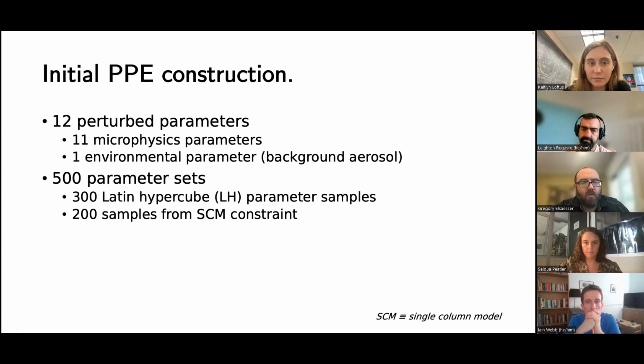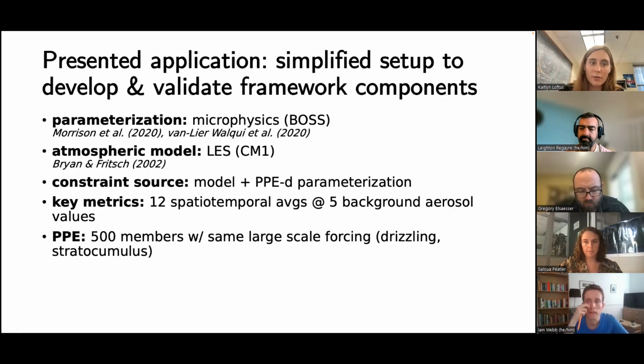Okay, good. So are you then using a bulk microphysical scheme which gives you the 11 parameters? I suppose that might be something like Khairoutdinov-Kogan, which already gives you about 6 or 7, I think, plus the aerosol. Have I got that approximately right? Yeah, so we're working with the BOSS framework, but basically it's just a bunch of power laws and sums of power laws.